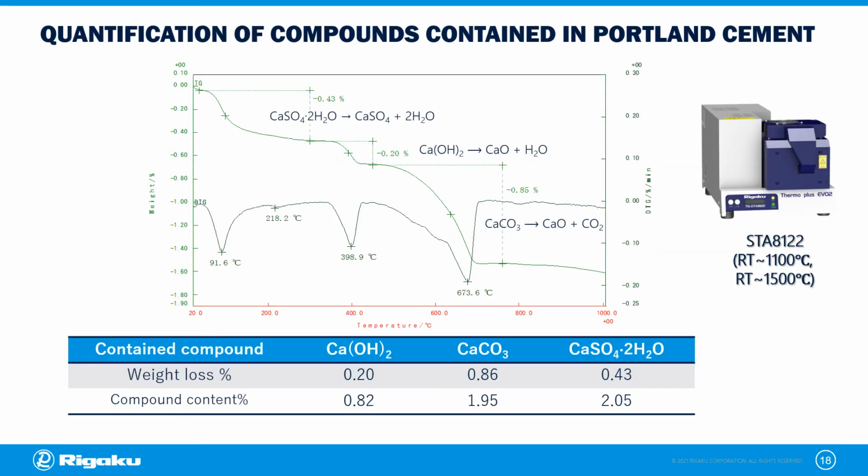From the results of the previous slide, using the mass loss percent on the TG curve obtained from the theoretical mass loss of the dehydration and decomposition reactions of calcium hydroxide, calcium carbonate, and gypsum dihydrate, the content of each of these compounds in the cement can be finally estimated.